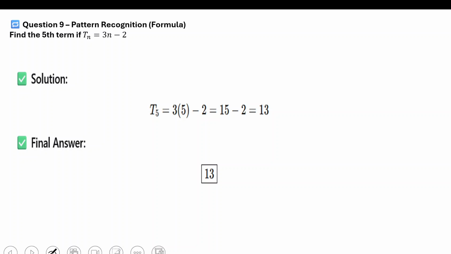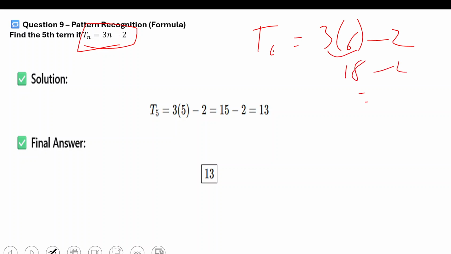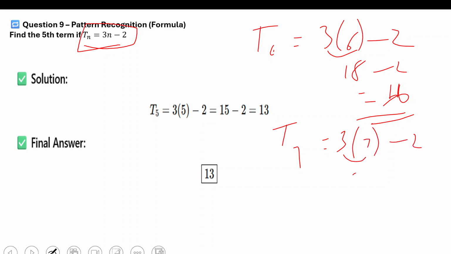If you're asked to find T6, all you have to do is put 6: 3 times 6 minus 2. So 3 times 6 is 18, minus 2 is 16, and so on. If you're asked to find T7, the 7th term, just put 7 where you have n: 3 times 7 is 21, minus 2 is 19, and so on and so forth.